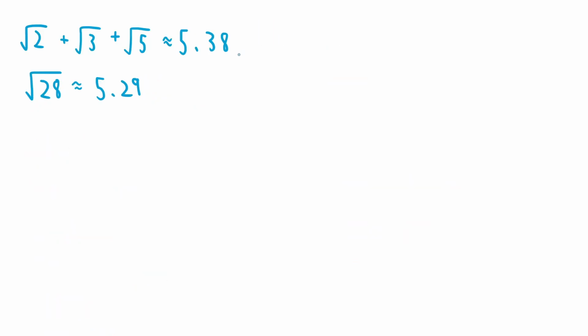In fact, if we put this into a calculator, we'll find that square root of 2 plus square root of 3 plus square root of 5 is approximately 5.38, and square root of 28 is approximately 5.29. So the first expression is definitely greater than the second expression. So in this case, the sum of the three smaller square roots is bigger than the larger square root.